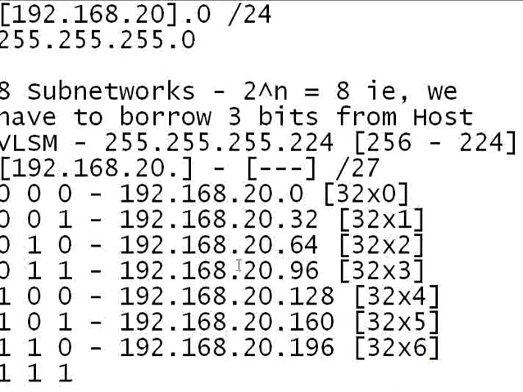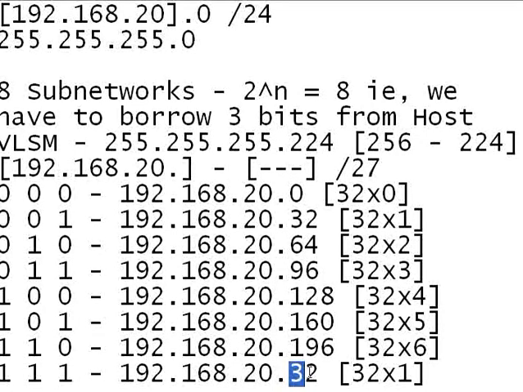How many subnetworks did I have? I had 8 subnetworks, so I multiply 32 into 0, 32 into 1, up to the last, 32 into 7, which is 224. So the block size is 256 minus 224.